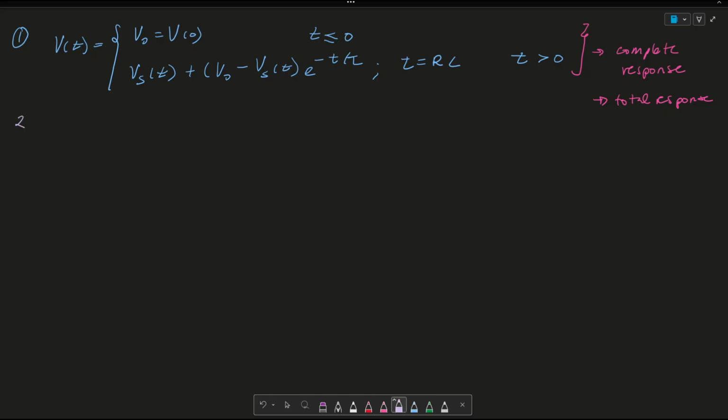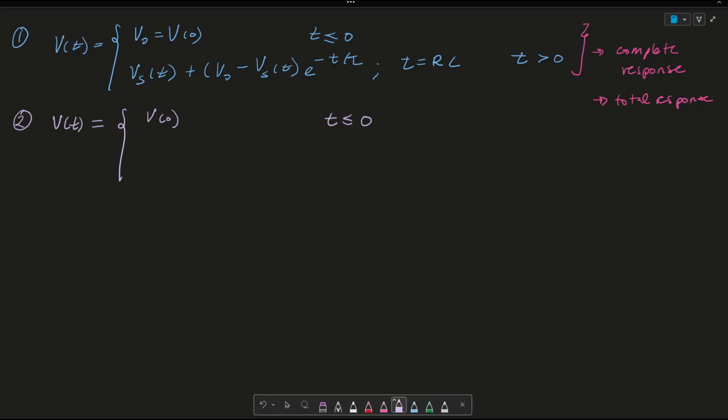So the second thing we want to conclude is what's called the more general complete response. I'm going to say then that V of t is equated to V of 0 at t less than or equal to 0.